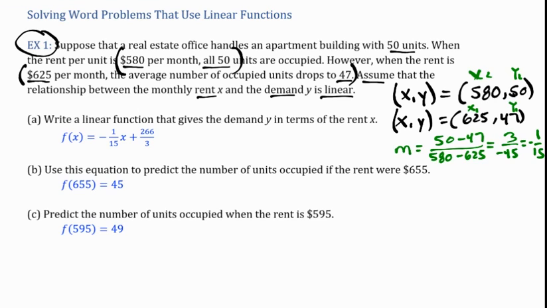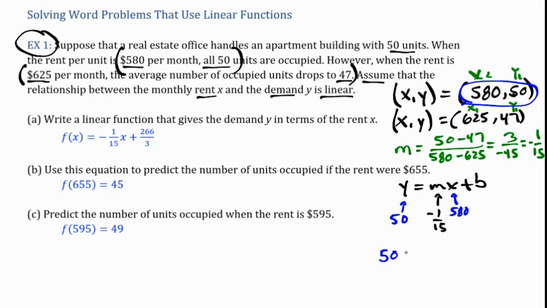Now we need to find the b value. So we can write y is equal to mx plus b. We already know that m is negative 1 over 15. And we just have to choose one of our 2 points to plug into the x and the y variables. So I can plug in 580 for x and 50 for y.